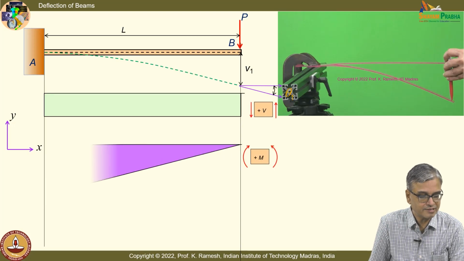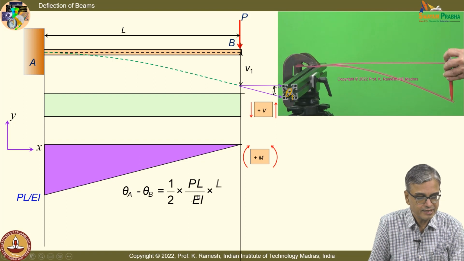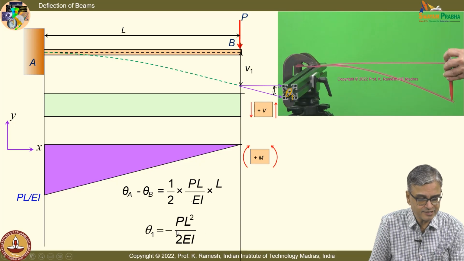I have PL by EI, and I can find out theta A minus theta B equal to half of PL by EI into L. So the area is easy to determine, and the moment also you can find out. I get this as minus PL squared by 2 EI.